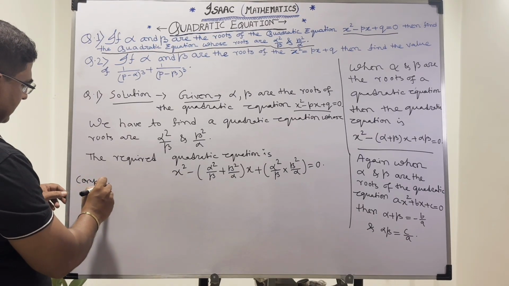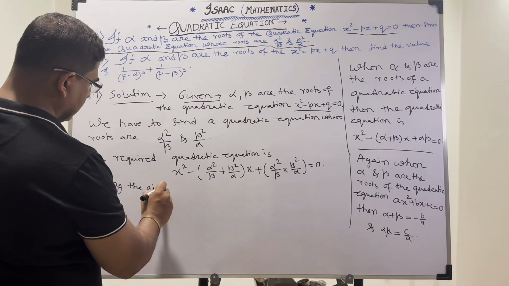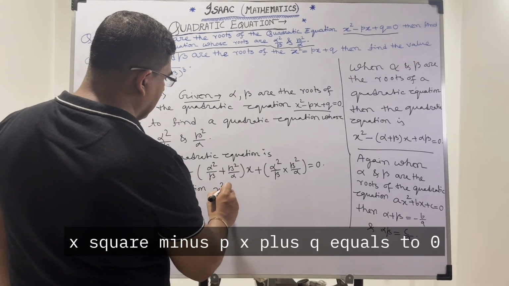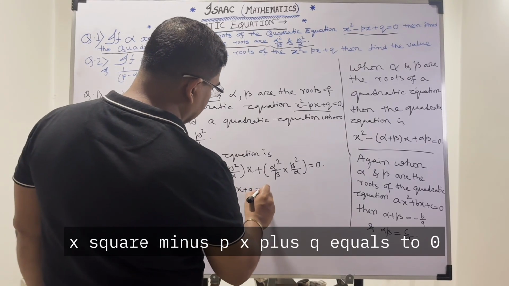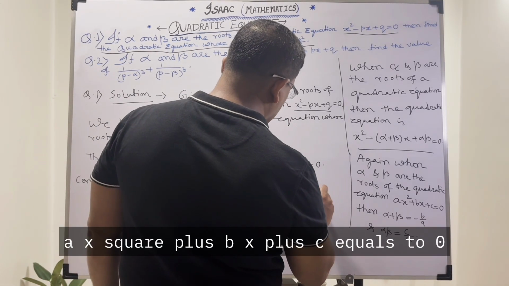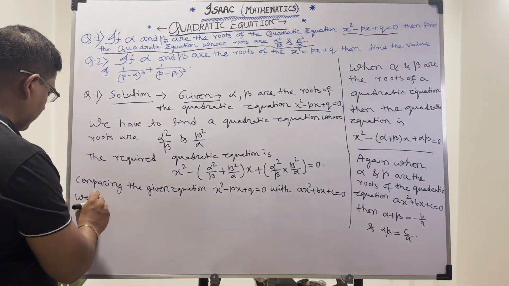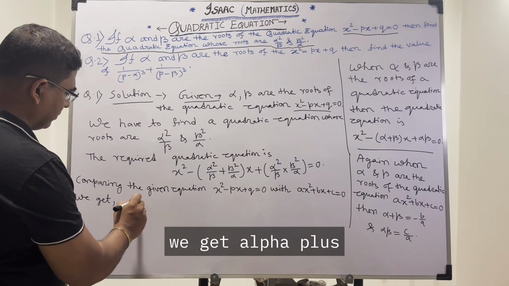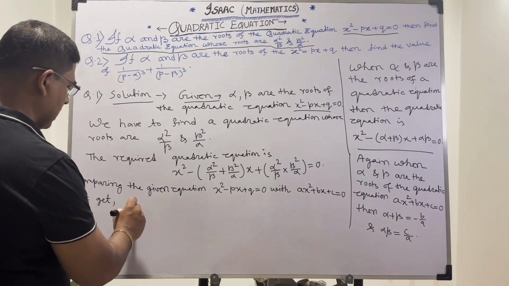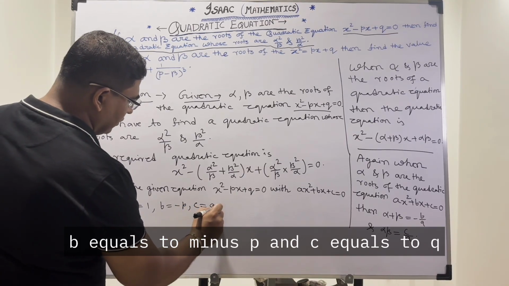Comparing the given equation x square minus px plus q equals to 0 with ax square plus bx plus c equals to 0, we get a equals to 1, b equals to minus p and c equals to q.